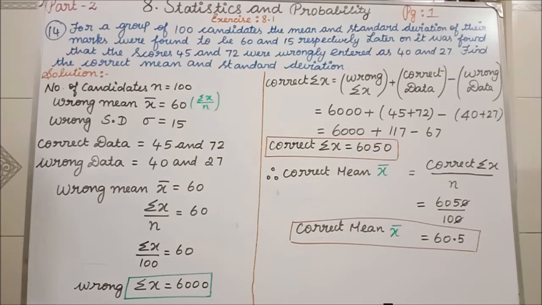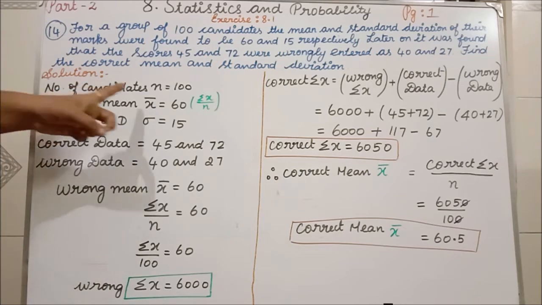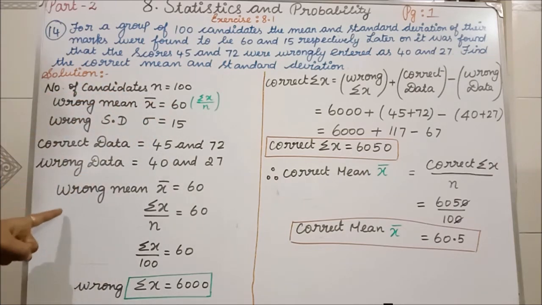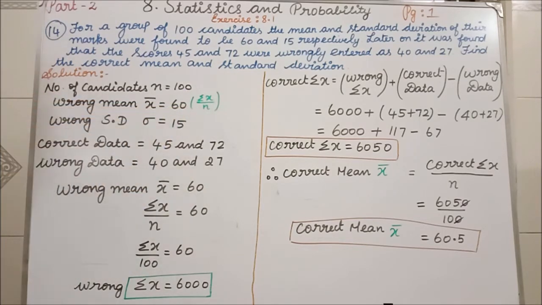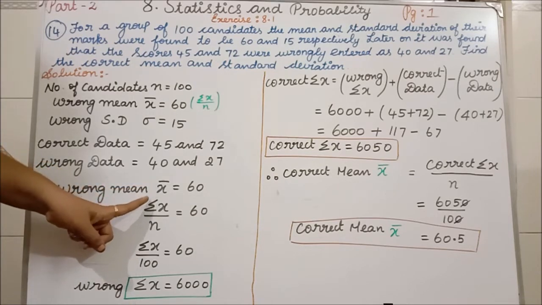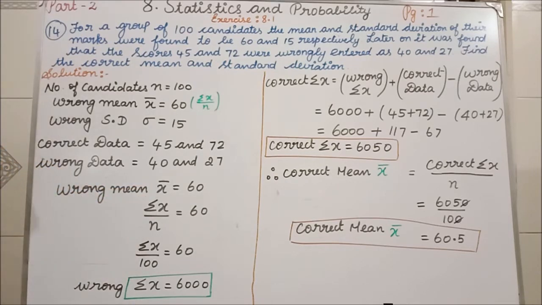Clear? Now see. First, we have the wrong mean, X bar equal to 60. X bar is equal to summation X by N, as I told you. That is the formula for mean, which I think you have learned from 7th standard onwards.